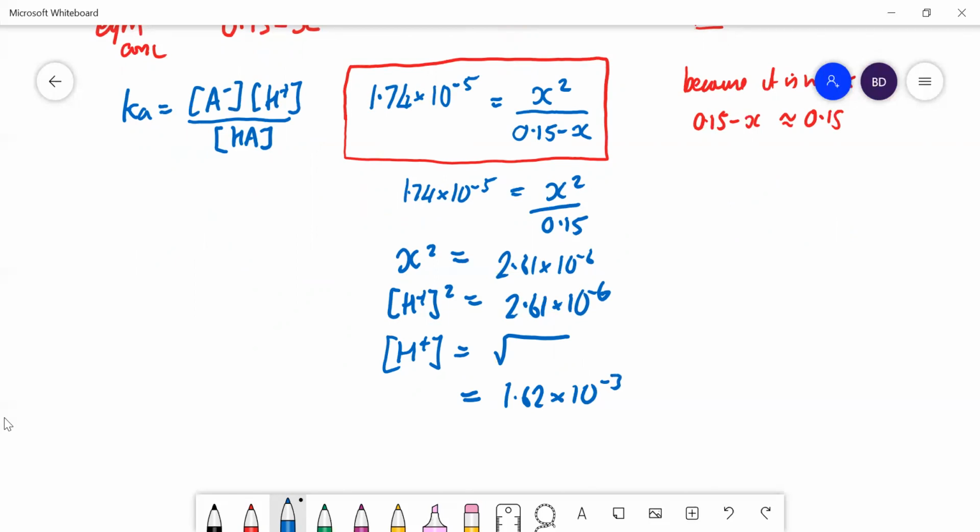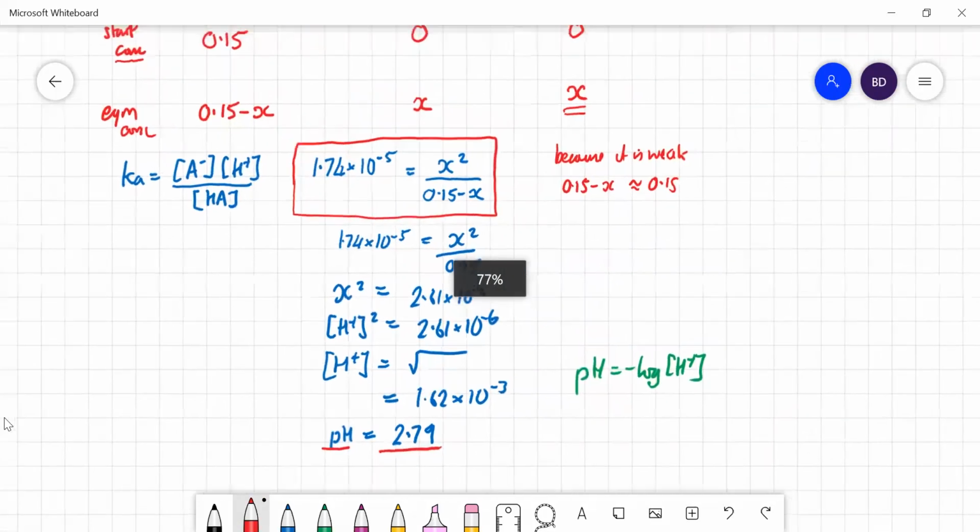And then we need to use our pH expression. pH is equal to minus log of the hydrogen ion concentration. So pH is equal to minus log of that number, which is equal to 2.79 to 2 decimal places. So that is our answer, the pH of the ethanoic acid solution we started off with.